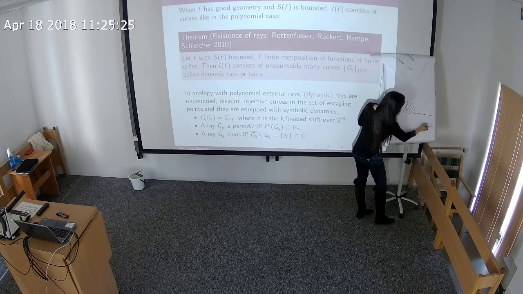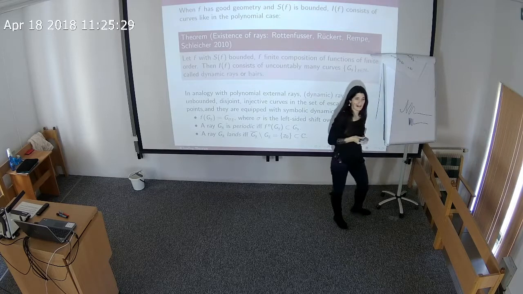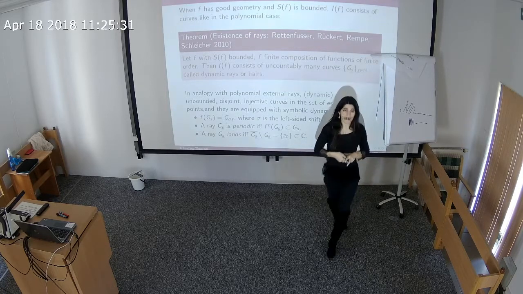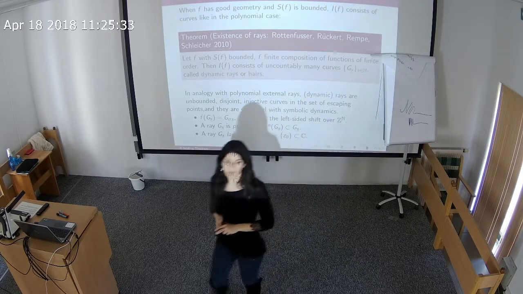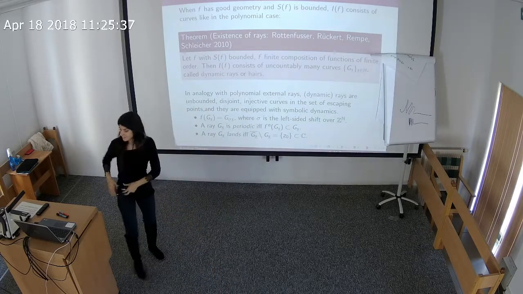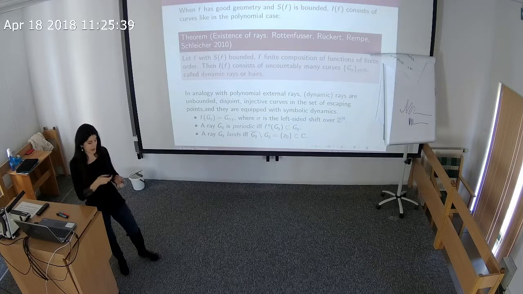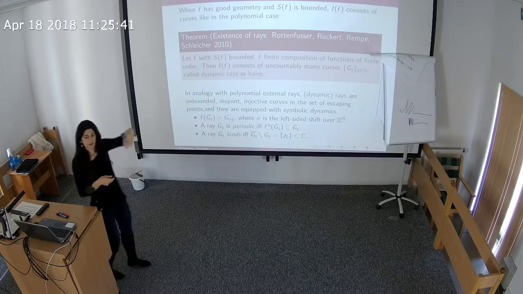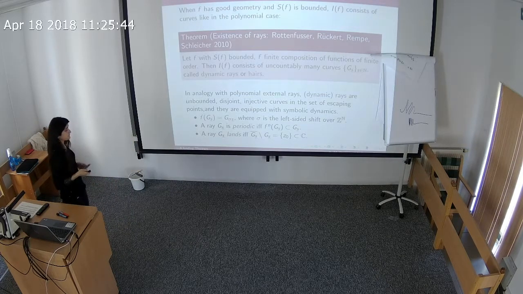But if you do something like the sine curve, and you eventually accumulate on an entire interval, then you don't land. There are many examples of rays which don't land. But it's conjectured that periodic rays always land, no matter which assumptions you take, except when there are singular values on the rays, and you can prove something in some cases.